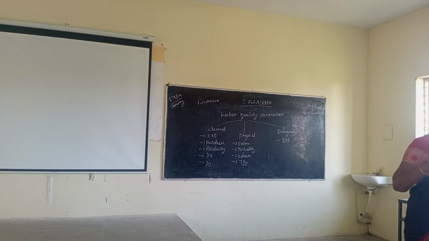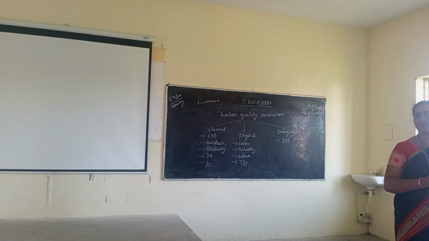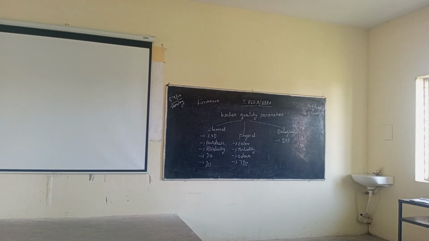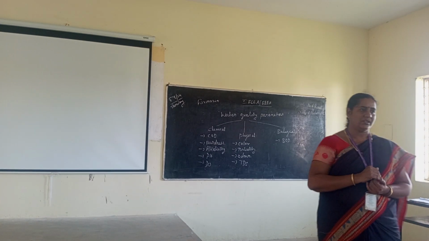A water has many chemical pollutants, and these undergo oxidation. For oxidation we need oxygen, and only the dissolved oxygen in the water can be consumed. So the dissolved oxygen level will decline below 4 to 6.